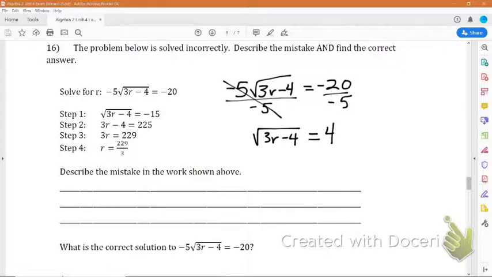Now I have my square root by itself. How can I get rid of a square root? Squaring it. So square both sides. When you square a square root, this cancels with this. Leaves me with 3r minus 4 equals, well, 4 squared is 16.